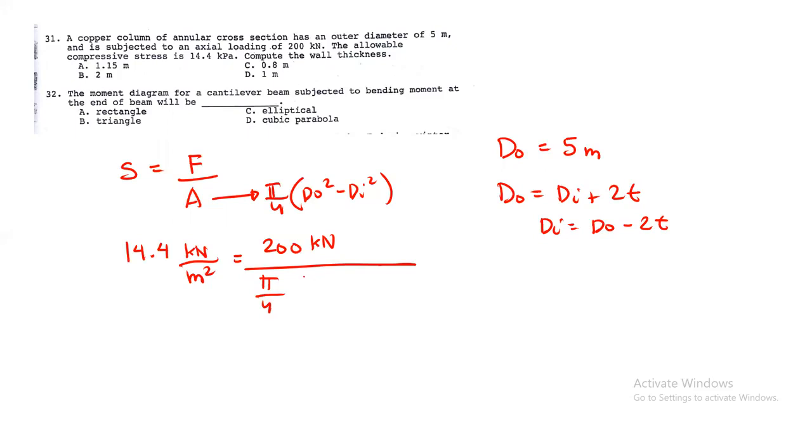So substitute natin dito. So DO squared minus (DO minus 2 times thickness) squared. So yan yung maging formula natin. So palitan natin si DO.